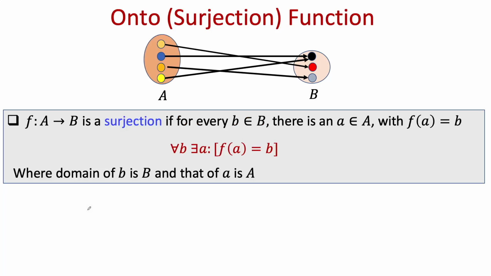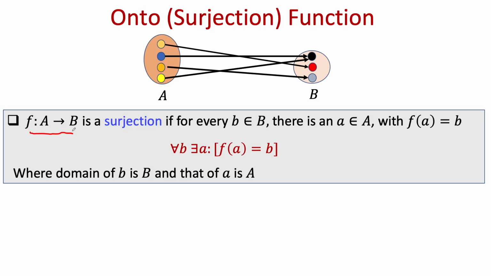The next important category of functions are the onto or surjective functions. So again, imagine you are given a function f from the set A to B. It will be called a surjective function provided the following universal quantification holds.